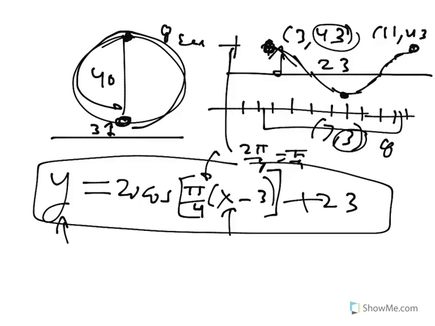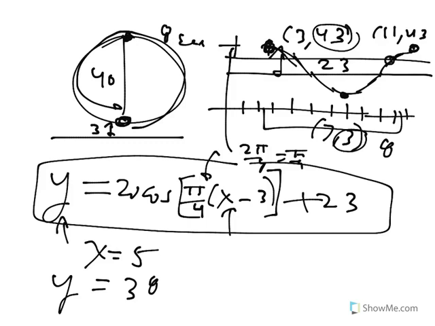Now they could ask you questions like, what happens when x equals 5? Well, you just plug 5 in and work out the value of y. But the more complicated question is to name 2 times that the height is 38 feet. So there's one time between 3 and 7, another time between 7 and 11, that we can calculate like we did in the last lesson.